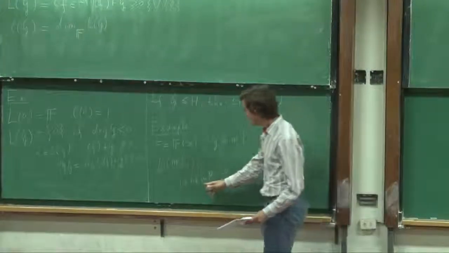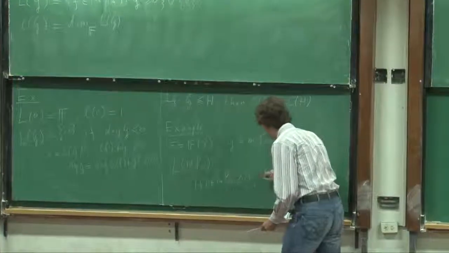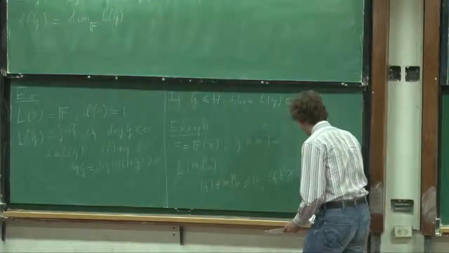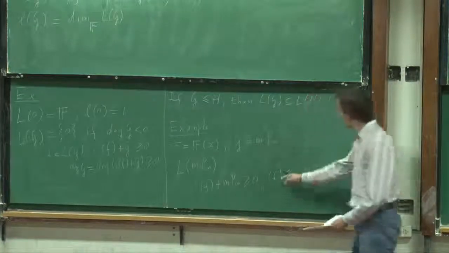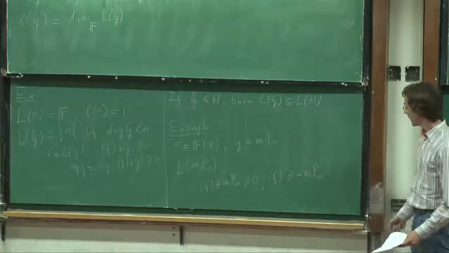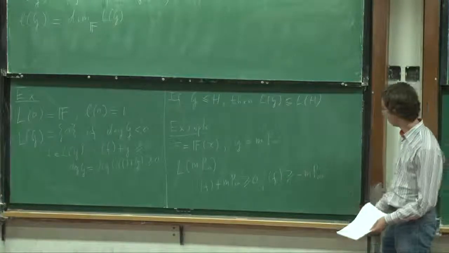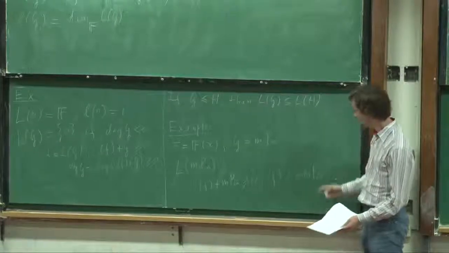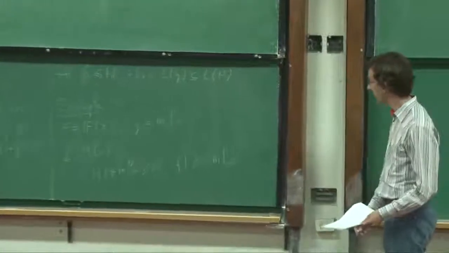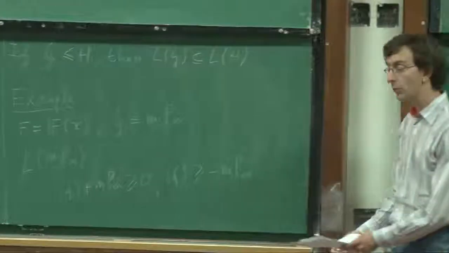So what does it mean? It means that this function f, we just move it to the other side, it just means that if you look at the divisor of this function, then it is not allowed to have any poles, negative valuation, at any place except at P infinity. And at this P infinity, it may be minus m or more.